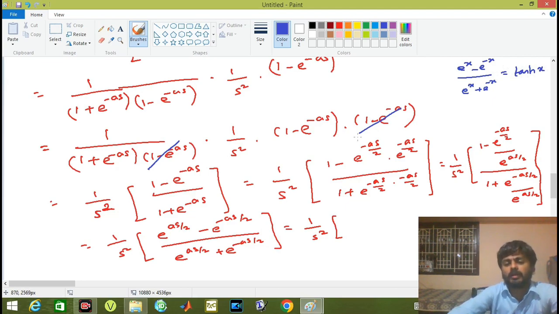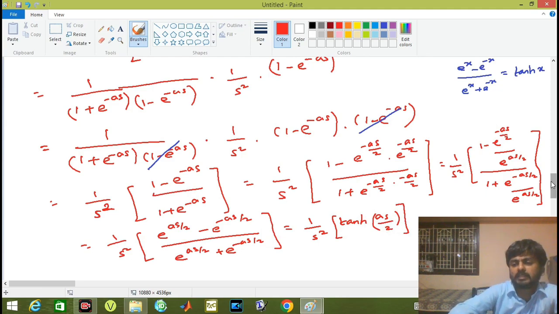So we will have 1 by s square into tanh of, what is x here? x is as by 2.